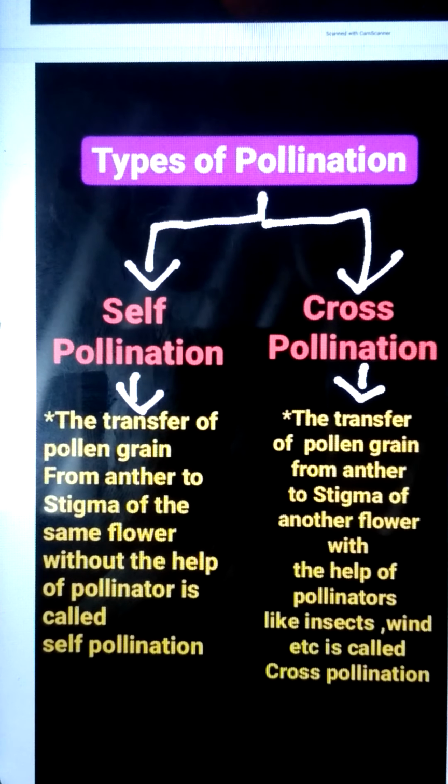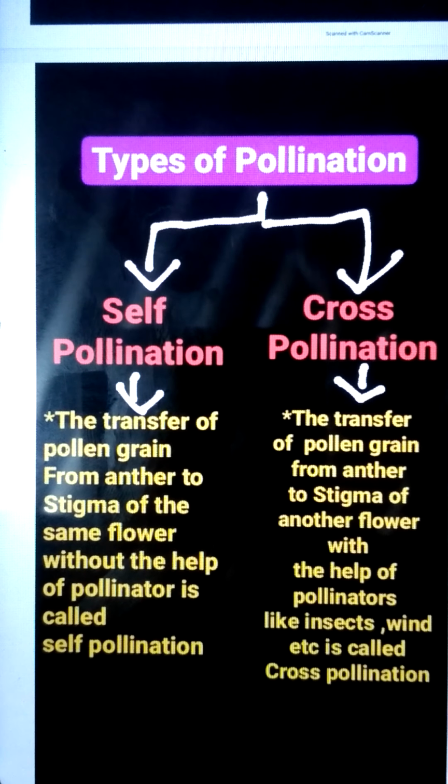The anther bursts out the pollen grains, and you know that an insect sits on the flower. When it sits, the pollen grains stick to its legs, and that insect flies and goes to another flower.